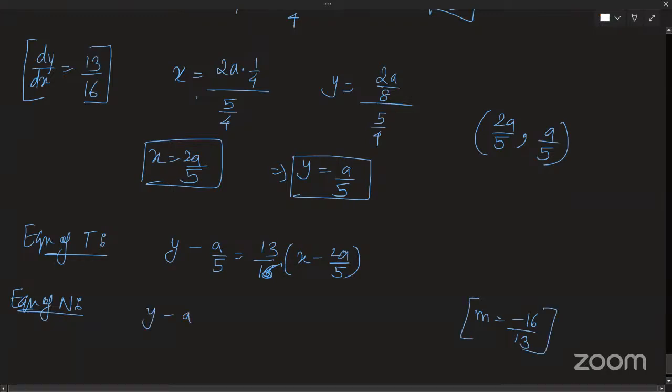It will be again y minus a by 5 equals, instead of 13 by 16, minus 16 by 13 into x minus 2a by 5. Correct. Right, everyone? Got it, everyone? Any doubt?